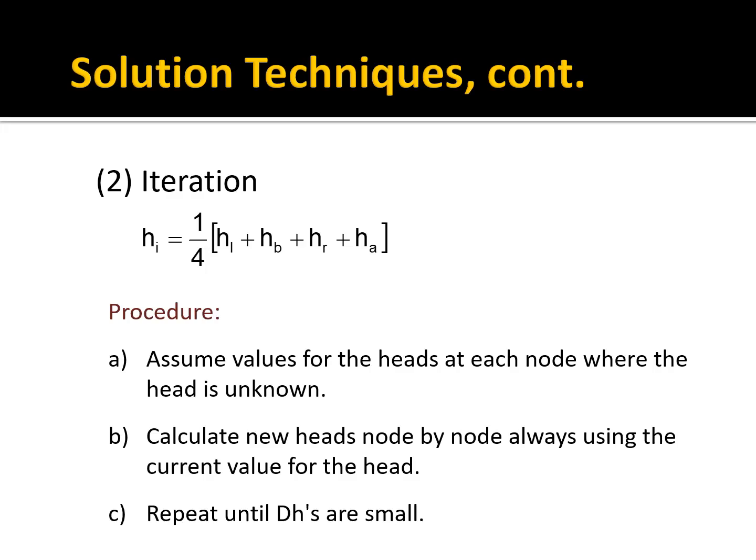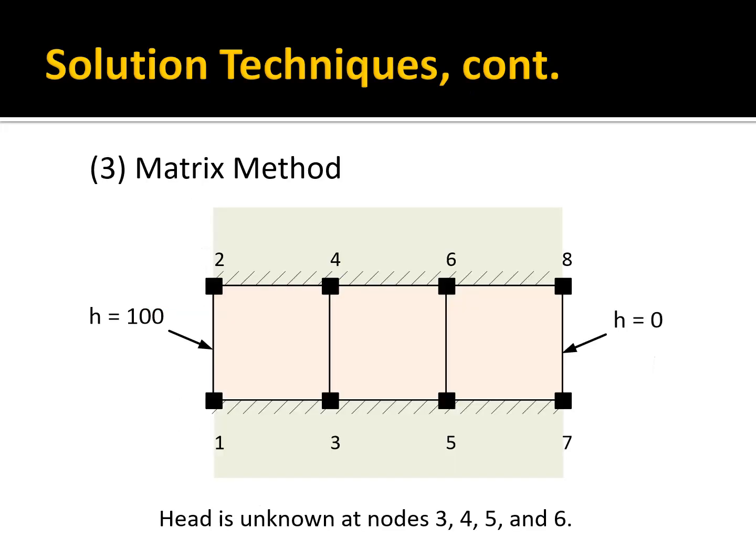Now, when we use Excel, when we set up our finite difference equations in a spreadsheet with the circular references, and we turn on iteration as a solution option, we tell Excel how many iterations we want it to do. And we go until those head changes are really small. So this is basically what we do in Excel when we solve it. But this is also very easy to code if you're doing it in a programming language. Very simple solution technique. All right, the other technique we'll talk about is called the matrix method.